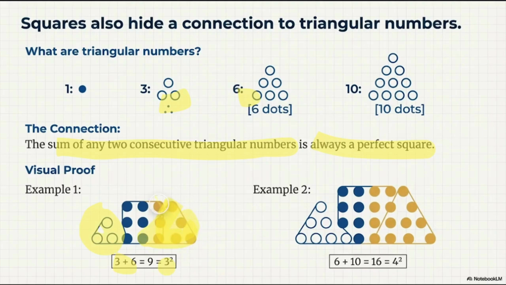So total 9. Now you can see it is forming a square. Similarly here 6, here 10. If I join them, you can see I'm finding 4 square, 16, right? Are you getting it? So basically, if we add two consecutive triangular numbers, we'll always get a perfect square number.